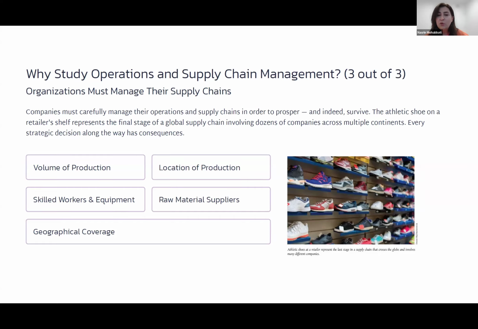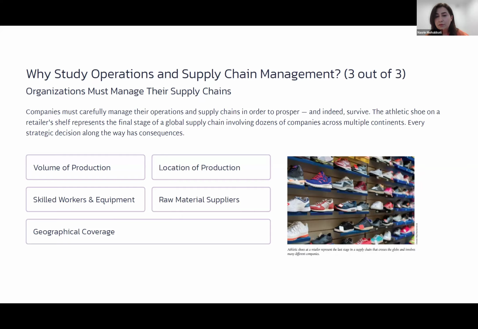So let's say that you own the entire supply chain of this business. You order from manufacturers, you manage the warehousing, and you manage the distribution and so on. Then you have to decide the volume of production for each type and color of shoes.